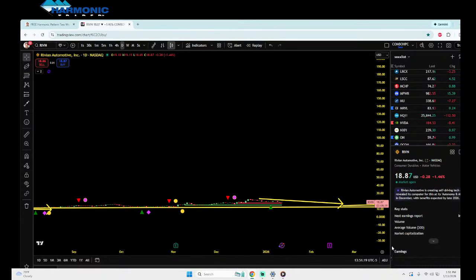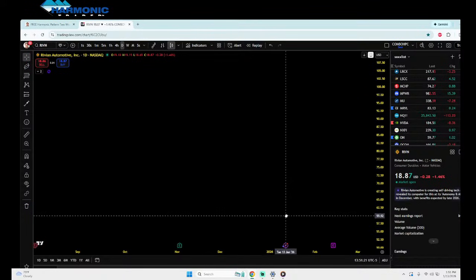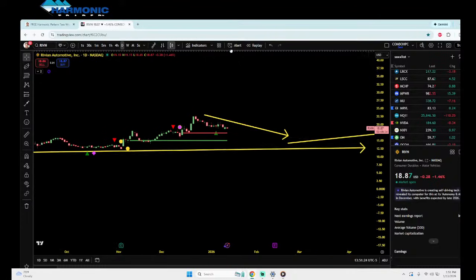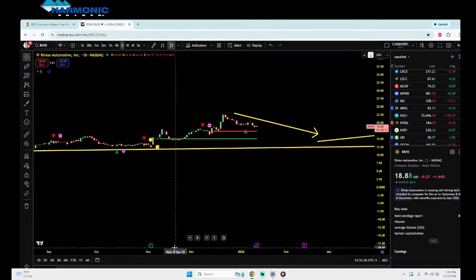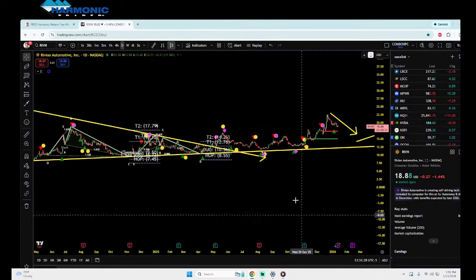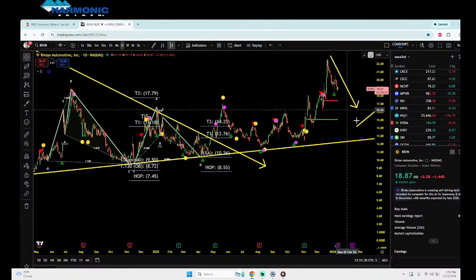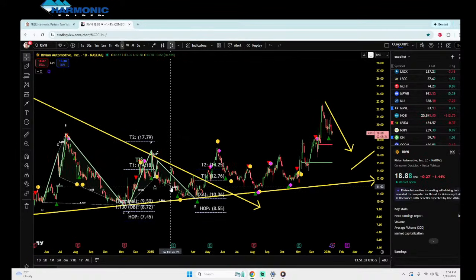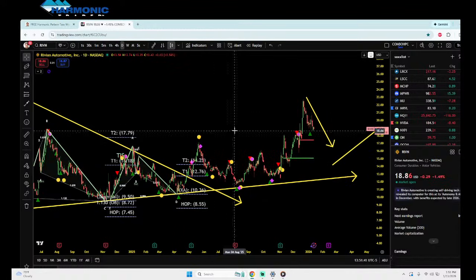So Rivian, 17-ish, 1710, 1750 will be the next jump on point, but I think it would be rather significant. And we had some patterns last year. But even down here, for the hope of a larger move, that would take a whole lot of time.